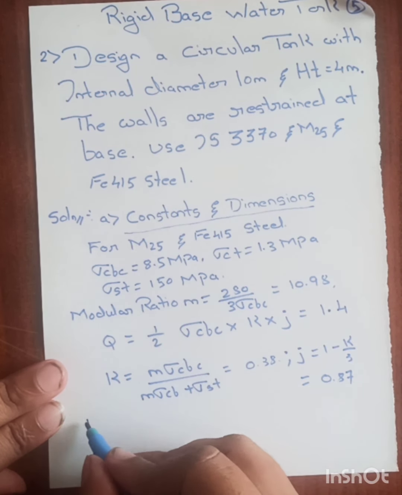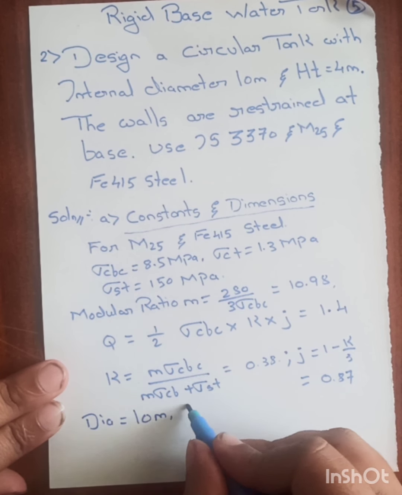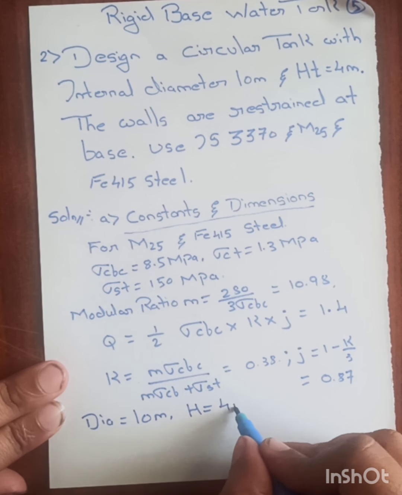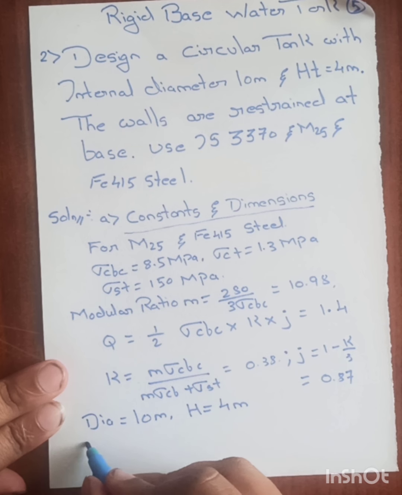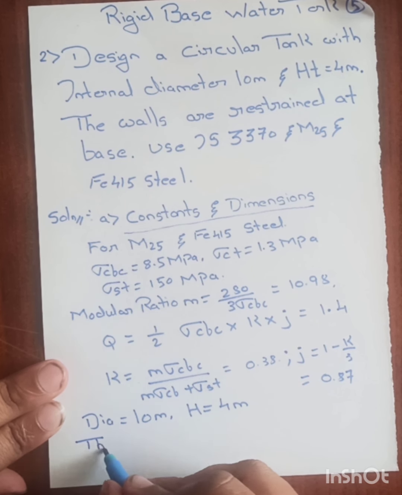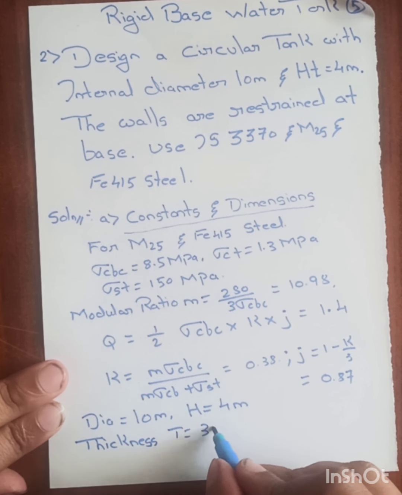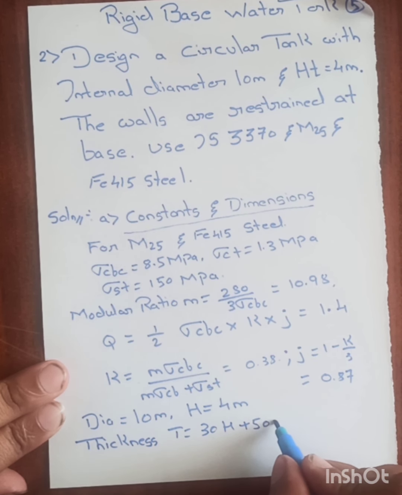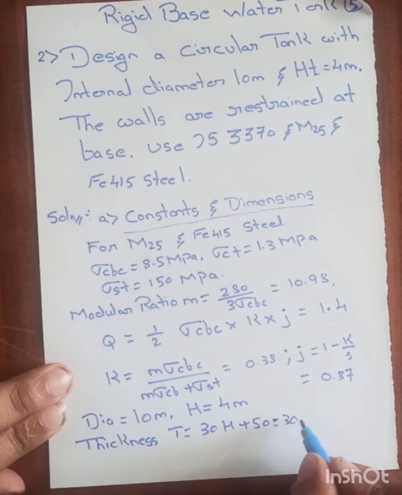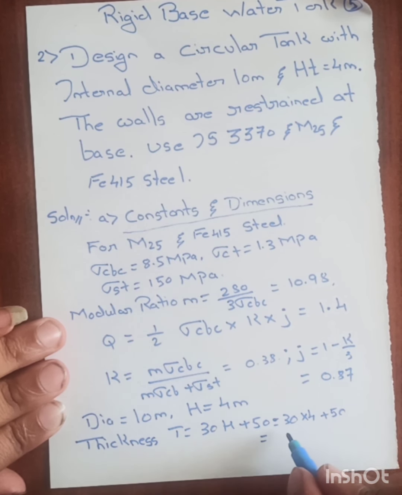And also diameter is given as 10 meter, height H is given 4 meter, thickness we will use the empirical formula and later on we will check it. Thickness T is 30 H plus 50, it is 30 into 4 plus 50, which comes around 170 mm.